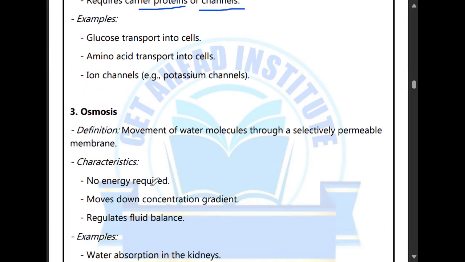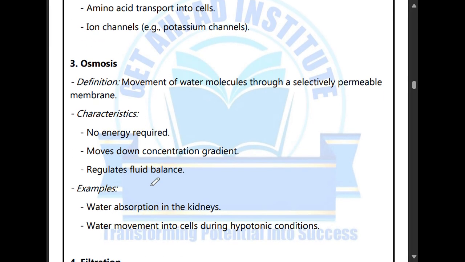Then the third example with regards to the question that we are tackling is osmosis. Just like Rachel talked about it, we have osmosis. Now, osmosis is just the movement of water molecules, passing through a selectively permeable membrane.